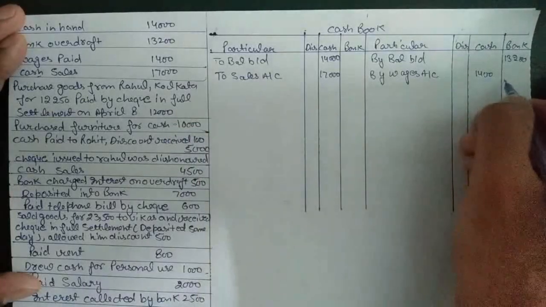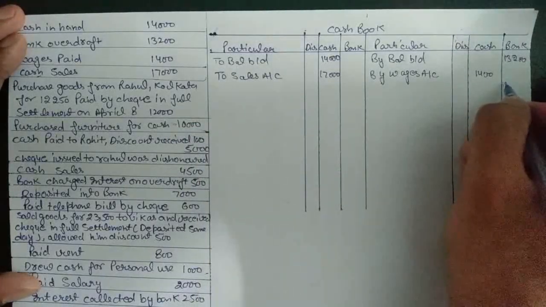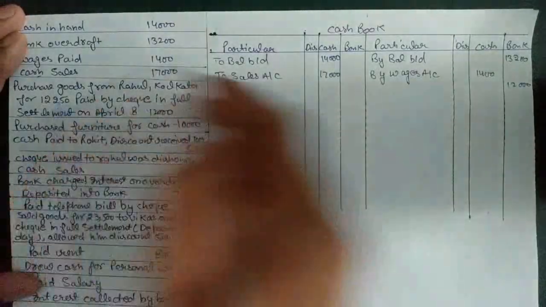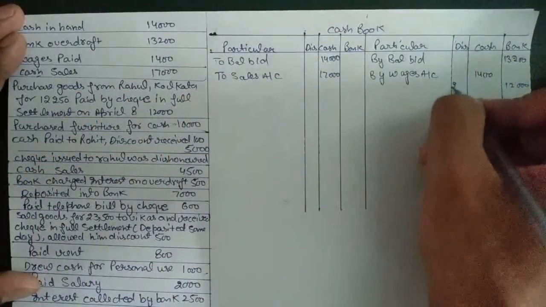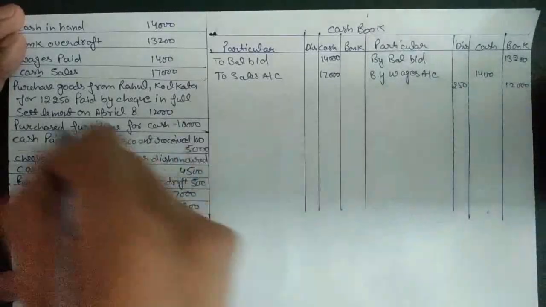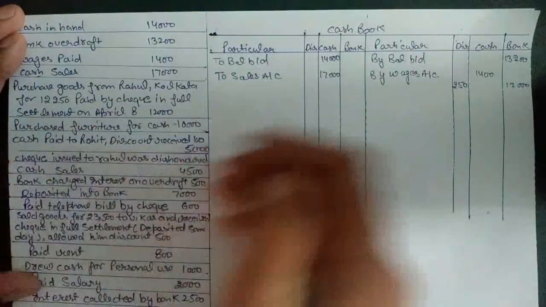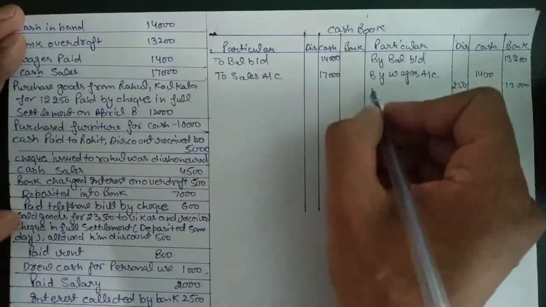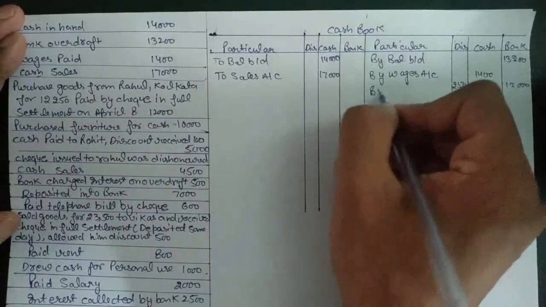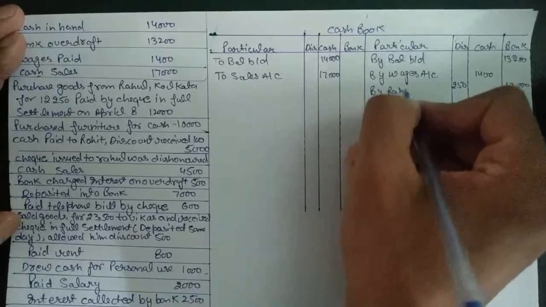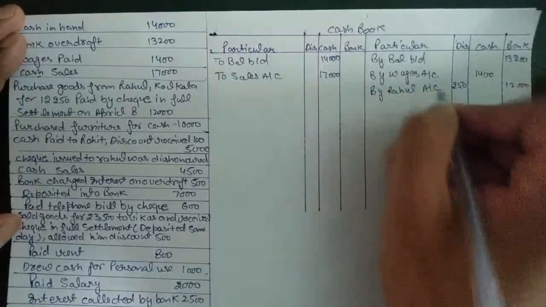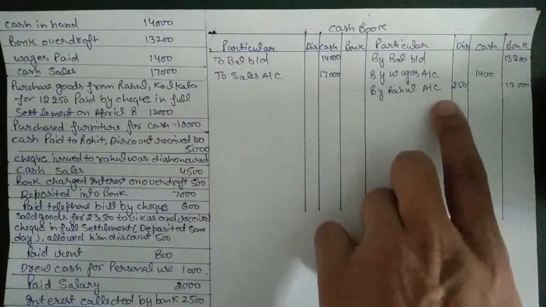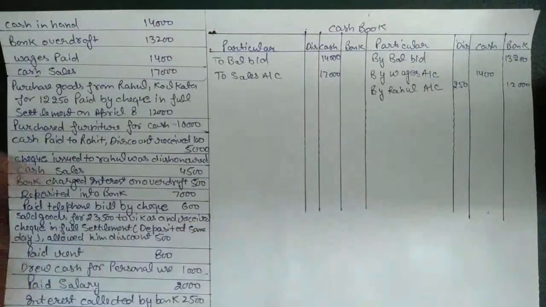So we need to deduct 12,000 from the bank account, and we received 250 as a discount from Rahul, and we purchased goods from Rahul, so we will put it in the name of Rahul, by Rahul account. How much we paid? 12,000, and we received 250 as a discount from Rahul.